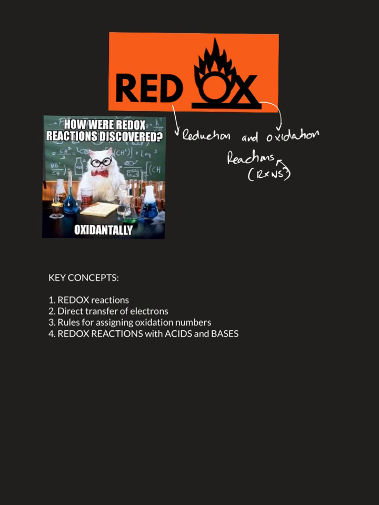And if I look at my key concepts, the first thing we're going to look at with redox reactions is all the terminology so that we can understand what these reactions are before we get started. The next thing we're going to look at is what we mean by transfer of electrons.